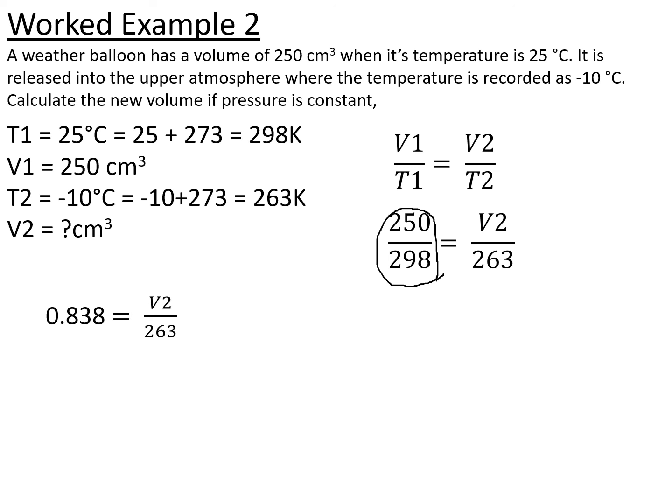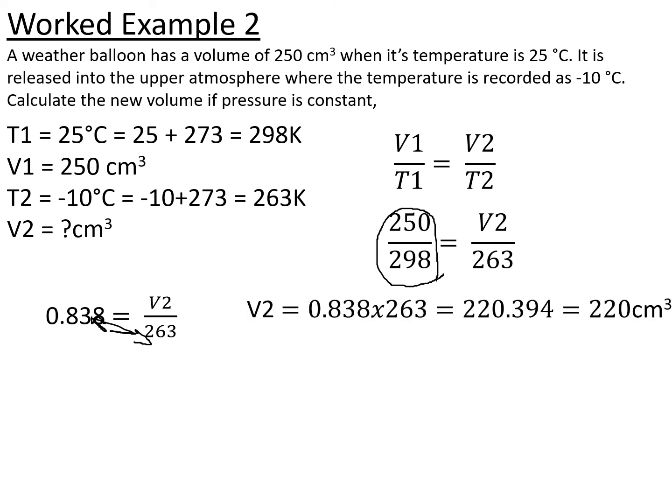And then hopefully from here, you can see you would just rearrange it by multiplying this number here by this bottom number, which I'll show you in the next slide. So there, V2 is this multiplied by 263, and then we get our answer, and we round it again at the end. And notice I've got the correct units, centimeters cubed.